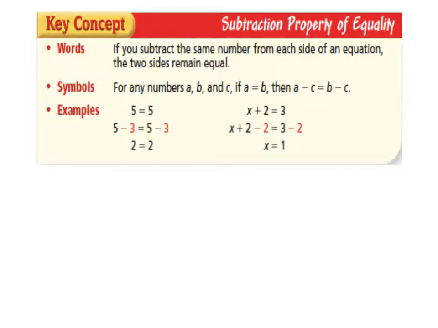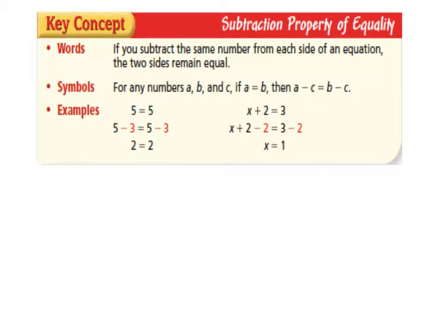We use two key concepts. The first one is the subtraction property of equality. What it says is, if you subtract the same number from each side of an equation, the two sides remain equal. What's really important is that we must maintain our equations. They must be the same.